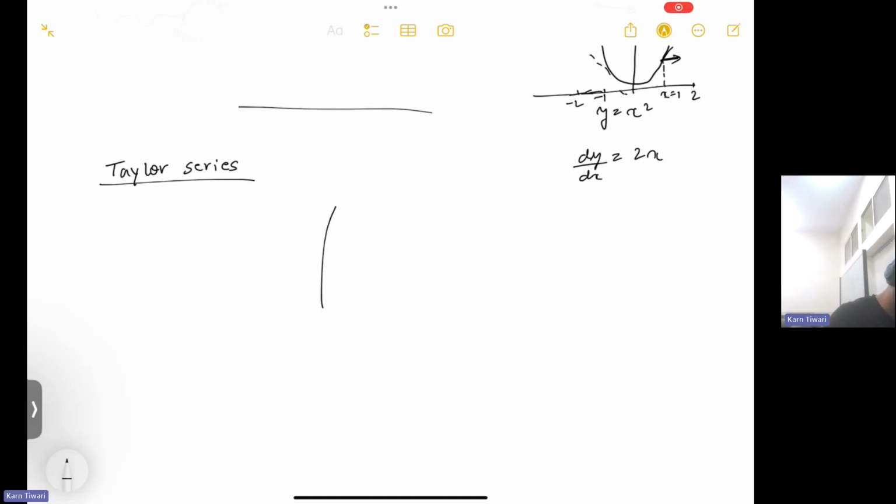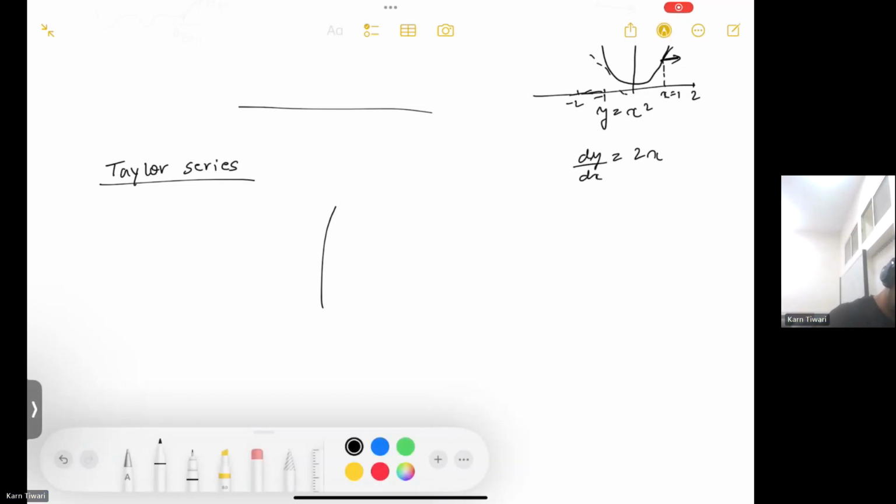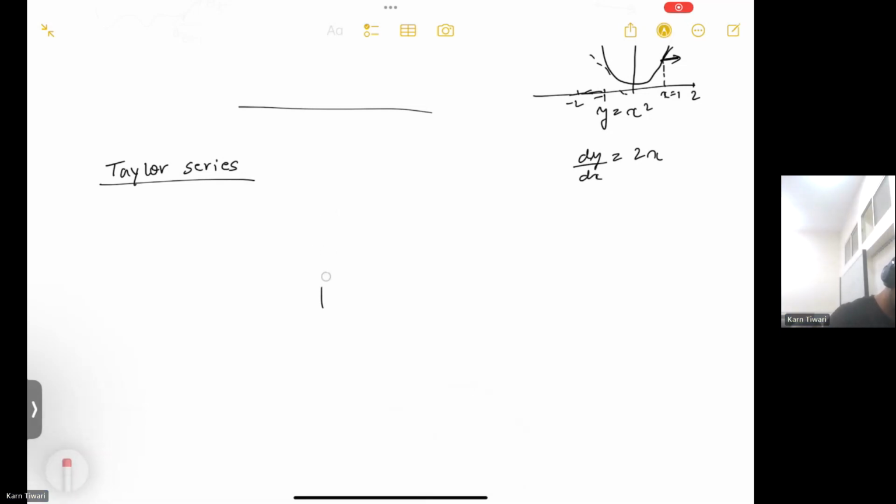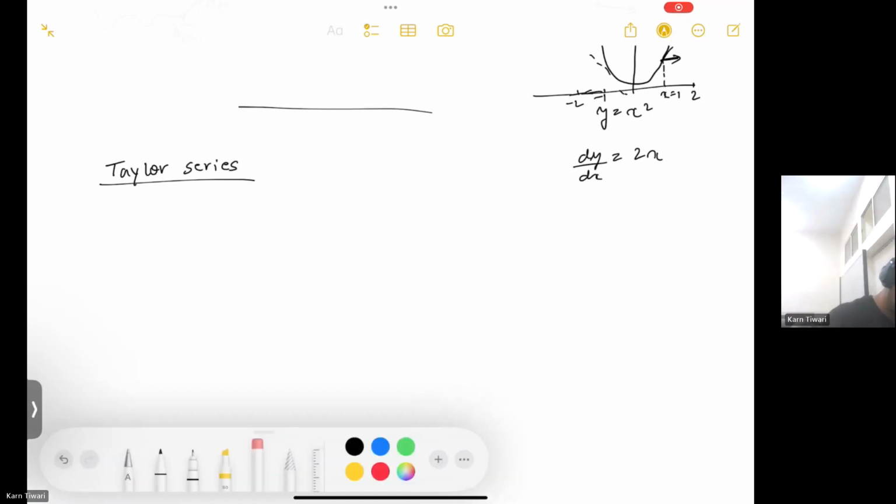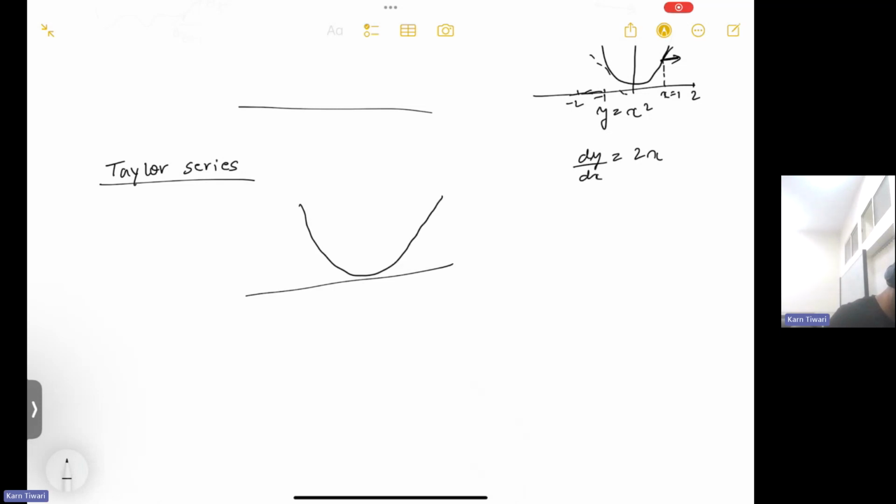Let's take the same function, y equal to x squared. I know the value at this point, suppose. This is my x1, and this is the corresponding f of x.